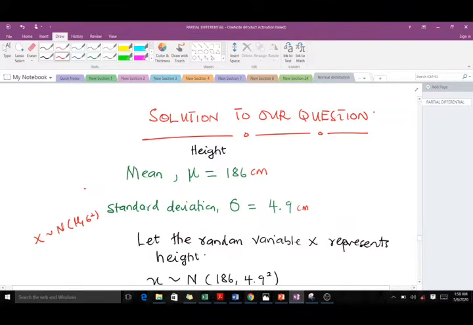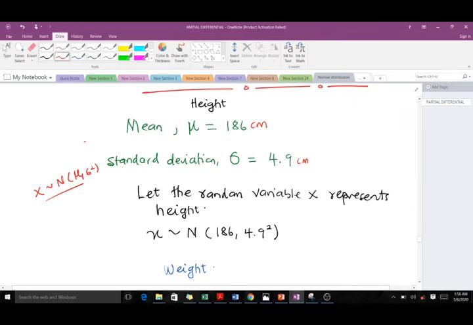I hope you remember this. We stated it in our earlier discussion. So here, where mu is our mean, so here our mean is 186, and know that the standard deviation is just the square root of the variance. So the variance is the square of the standard deviation, which will be 4.9 squared, right? So that's it for the height.